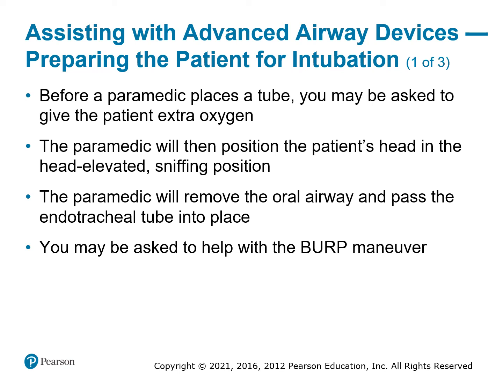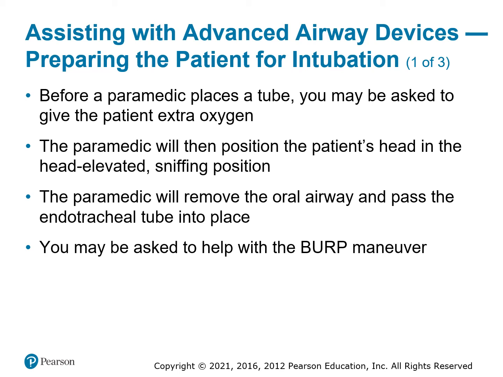We may be asked to help with the burp maneuver. The burp maneuver is backwards, upwards, rightward pressure that is applied to the cricoid cartilage. You can see an image of this on page 282, and we've got a picture coming up on the next slide as well.